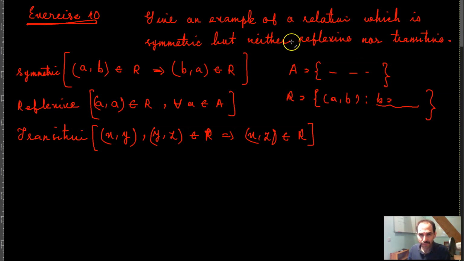It's just like juggling balls in the air. You have to make sure that the algebraic relationship between A and B is such that the relation is symmetric but neither reflexive nor transitive, and then if you change one thing, the other one changes as well, so it's a little bit tricky.